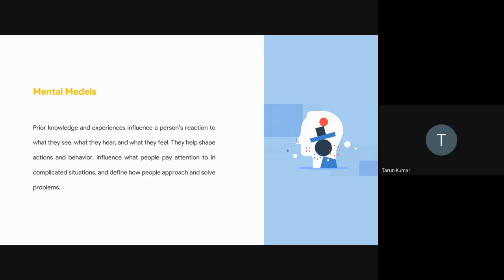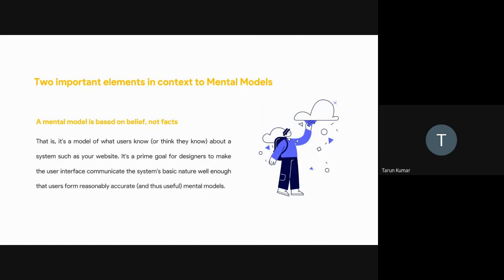Right? So there are two important elements in context to mental models. A mental model is based on belief, not facts. It works in a way that how you feel, how you think what is right. It is not based on fact, like it should be done in this way.